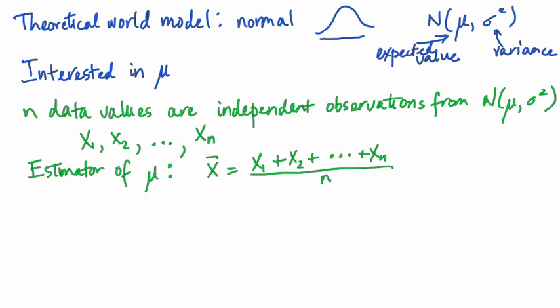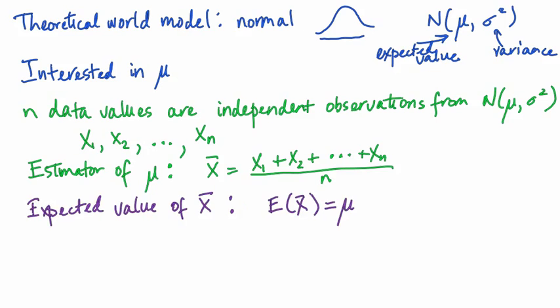Now, since x1 through xn all have mean mu, we saw previously that the expected value of the average is the same as the expected value of the individual variables if they all have the same expected value. What that means in this case is the expected value of x bar, the average, is mu.